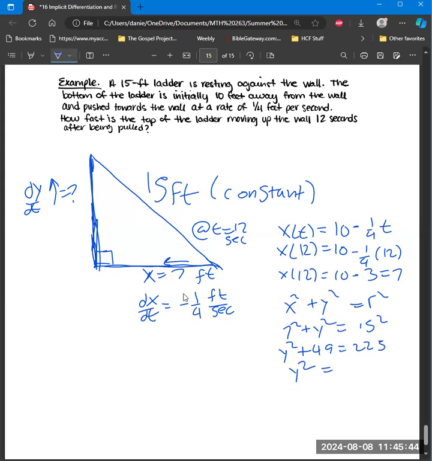Y squared is equal to 176. And y is equal to plus or minus root 176. But we don't want the negative. Since we're dealing with distances, we only want the positive.